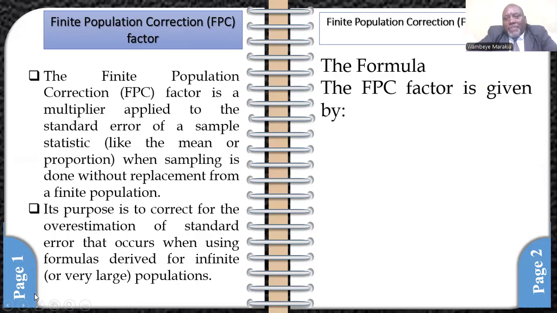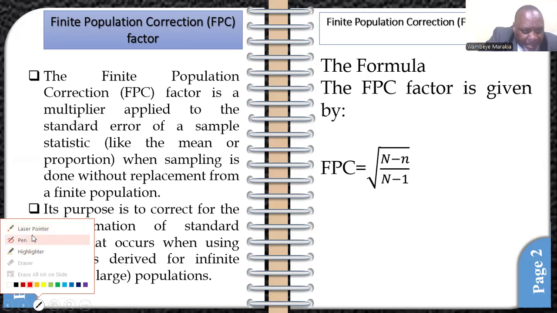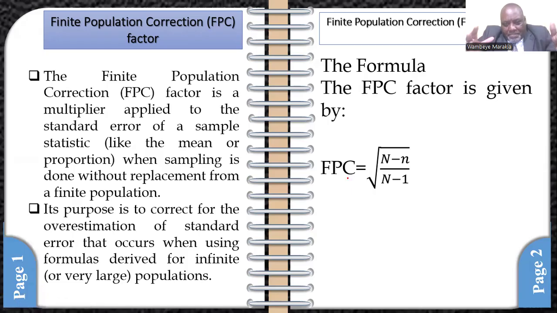For calculating FPC, the formula is: FPC, that is finite population correction factor, equals the root of the entire population, which is represented by capital N, minus the sample represented by lowercase n, all over the entire population, N minus 1.